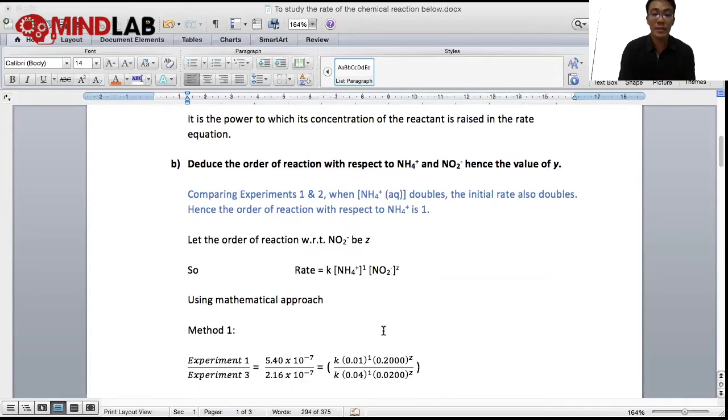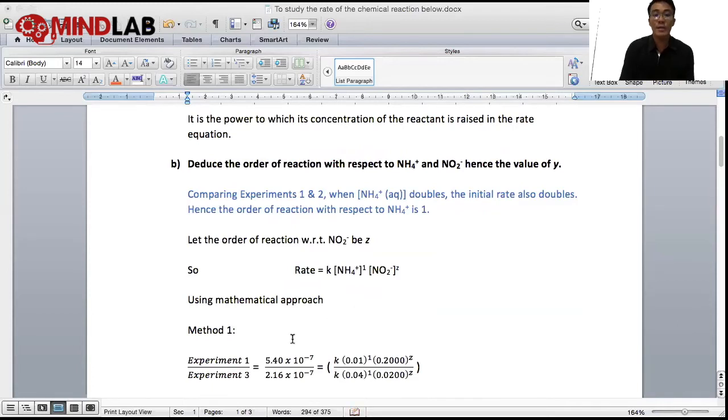I use experiment 1 over experiment 3. If you want to invert it, experiment 3 versus experiment 1 can be done as well.